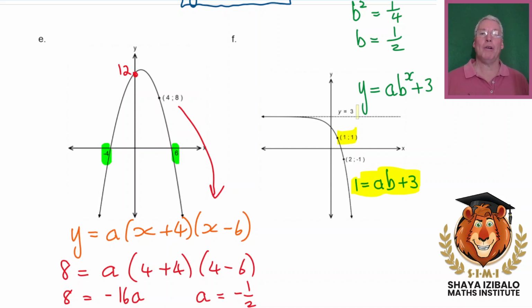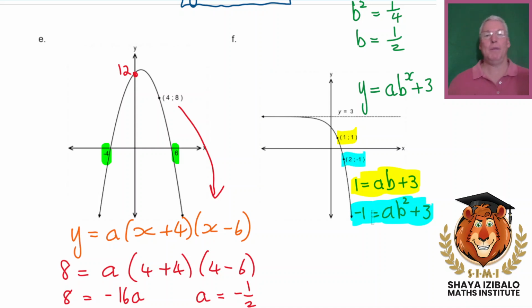When we pop the other point in, we are going to get negative 1 equals ab squared plus 3. Okay, so that one there comes from using this point over here. Now, how many variables have we got? We've got 2. But okay, because there's 2 equations.